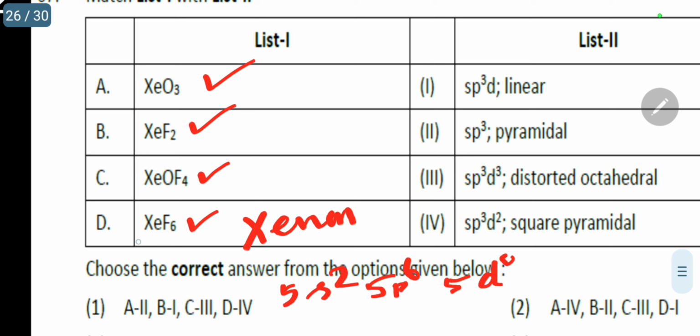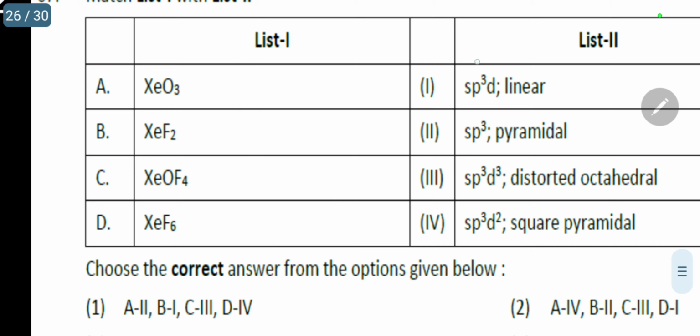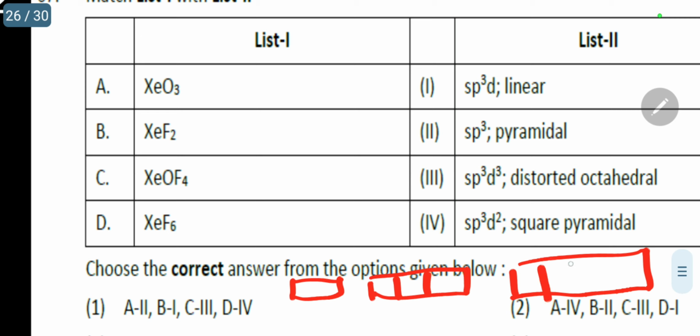From the bond formation in this nature, we can assess. Here XeF6: 5s2, 5p3 and 5d5.